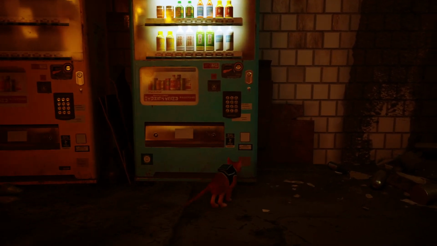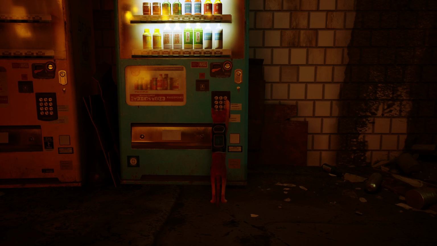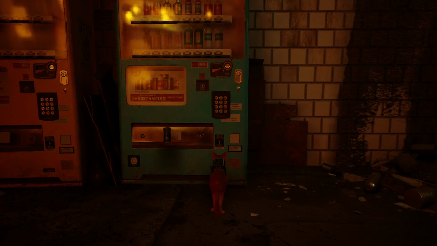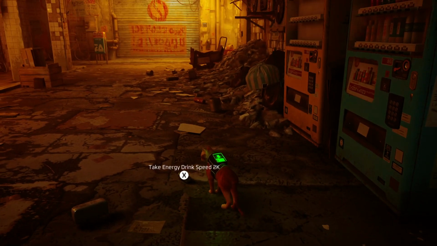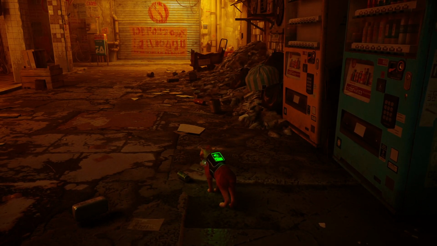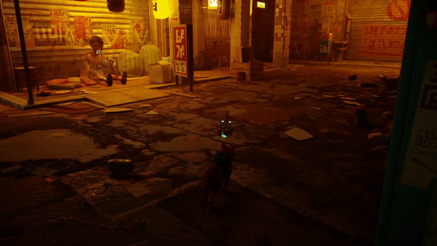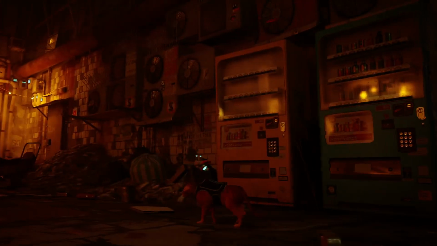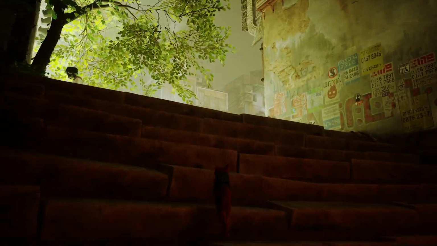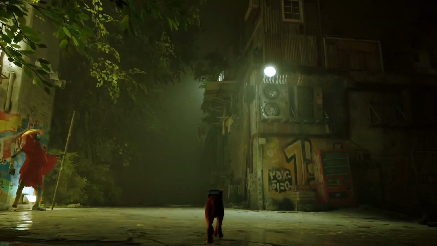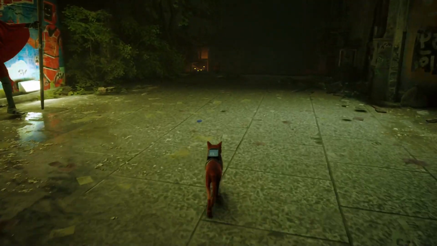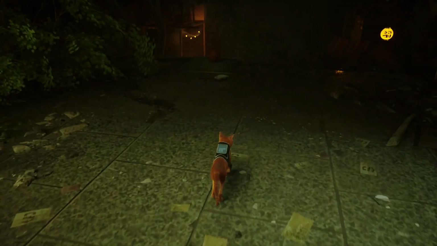Okay, I assume this is where we get the energy drink can. Let's go ahead and take that to the merchant and see if we can get one of the items for sale here.